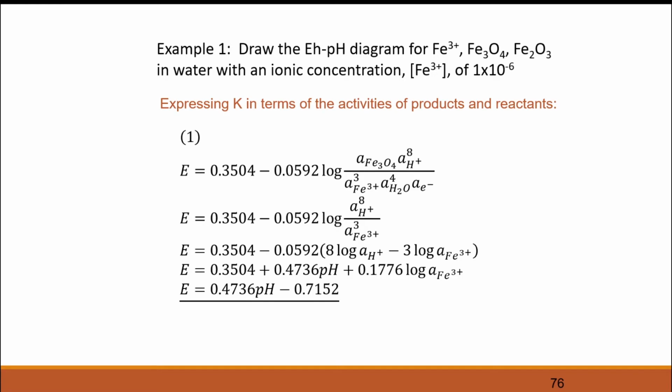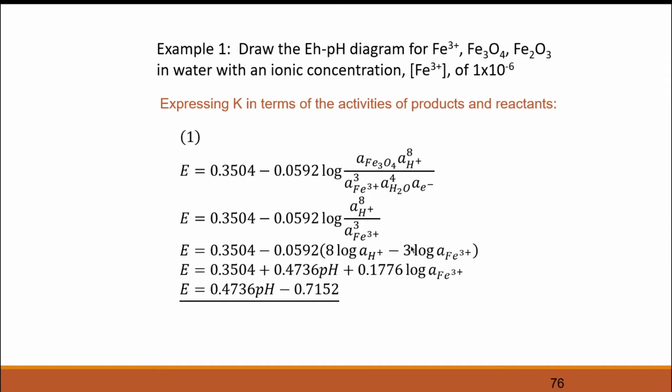Okay, now if you remember your chemistry, whenever you are taking the activities of species in dilute solutions, then the activity of that species is just equal to its molarity.